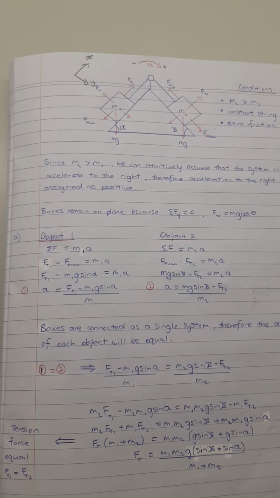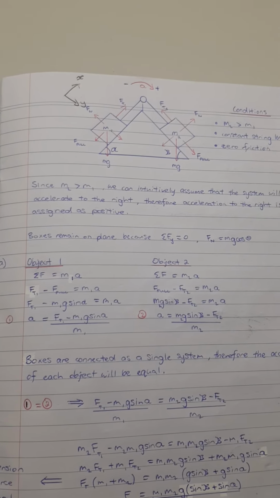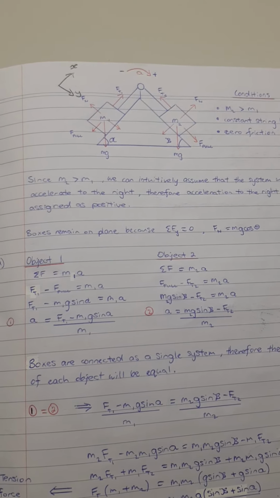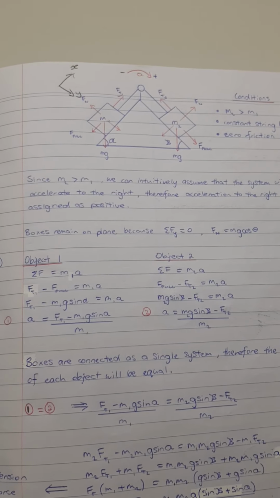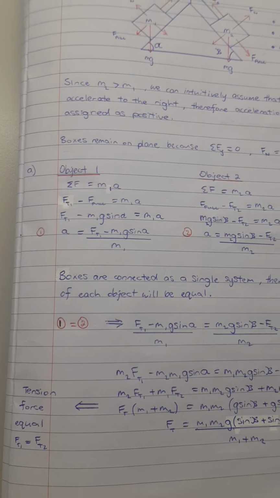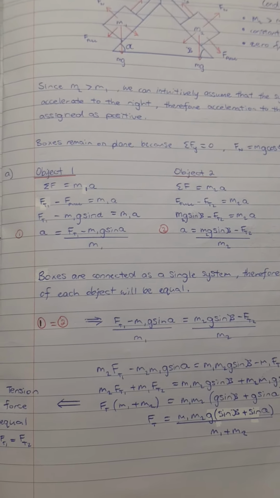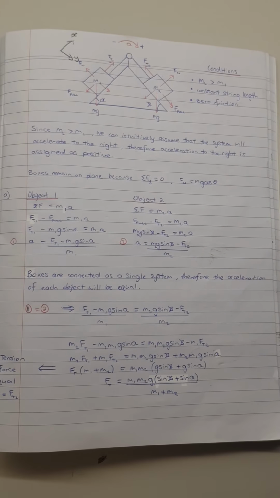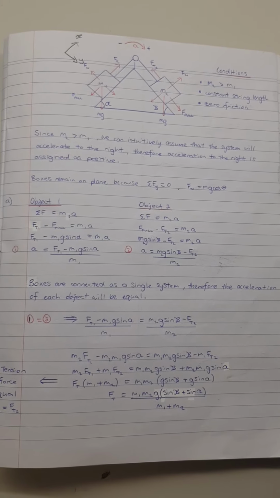If I look at the entire system, they are connected by the constant length of string, and whichever way it moves, both objects will move at the same acceleration. Hence, I can say that the accelerations are equal because it is still one system. The boxes are connected as a single system, therefore the acceleration of each object will be equal.